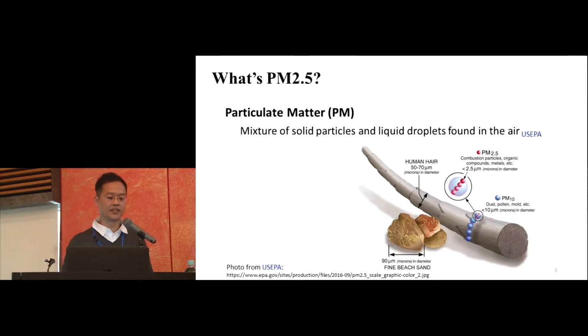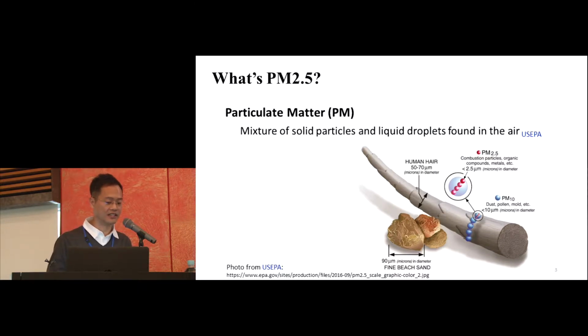But first, what's PM2.5? PM is particulate matter. It's a mixture of solid particles and liquid droplets found in the air. This is a definition by the US EPA. So you can see a picture.